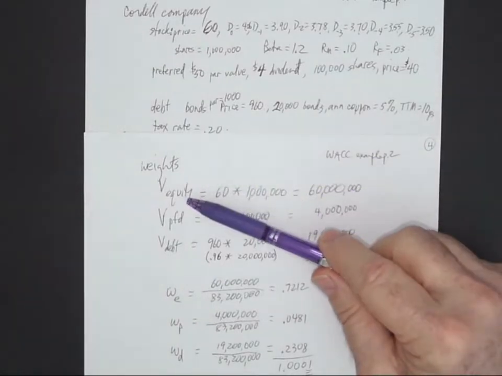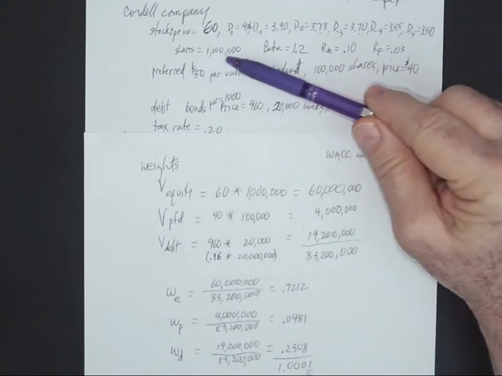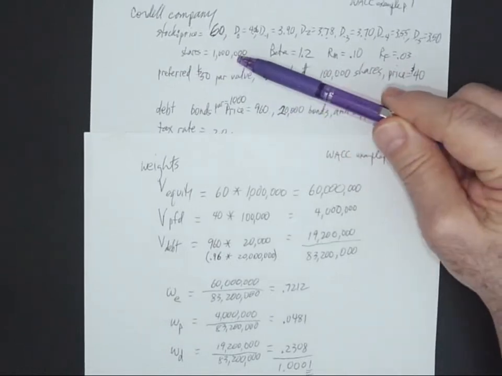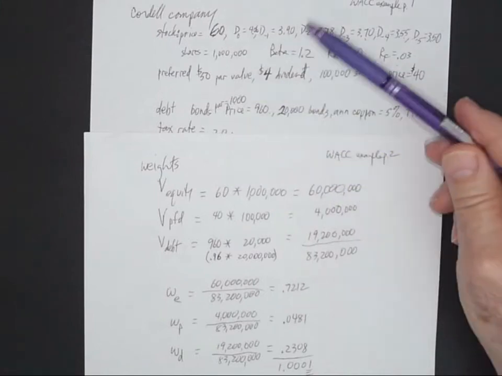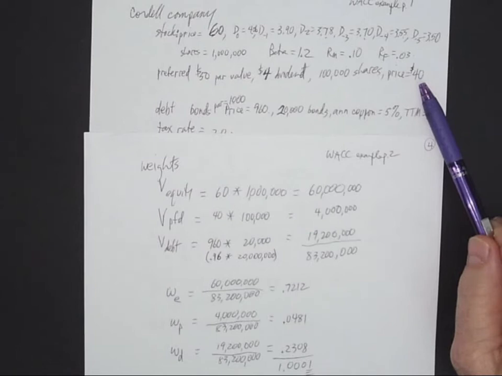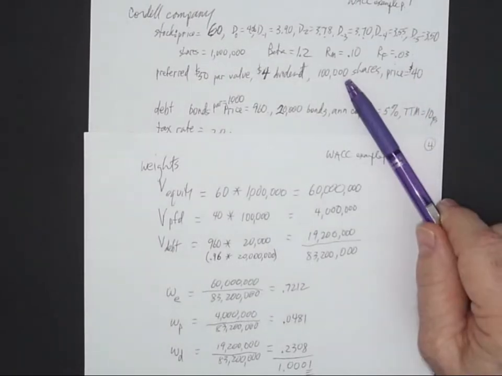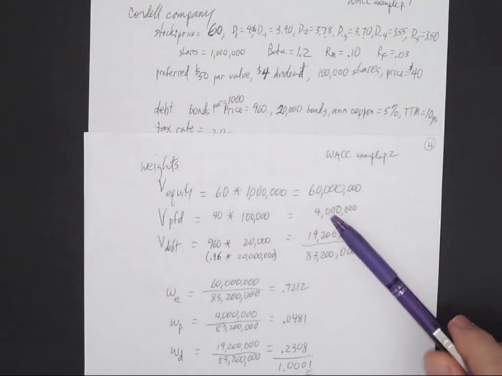For the equity part, we're given a stock price of 60 and a number of shares of 1,000,000. So 60 times 1,000,000 is 60 million. For the preferred, we're given a $40 price and 100,000 shares. So 40 times 100,000 is 4 million.